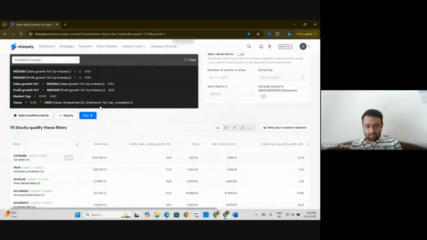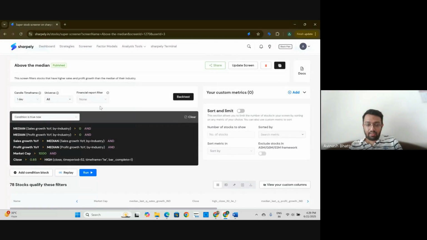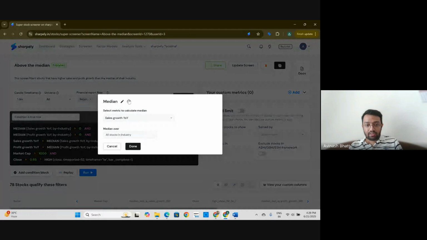Now this screen is primarily to filter out the strong stocks that have reported strong results as well, right? So what I can do is check this part as well, that I'll only focus on those companies that have reported their latest quarterly numbers, right? And now for the first condition, we are going slightly advanced.